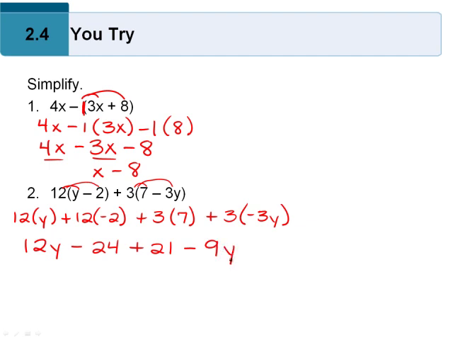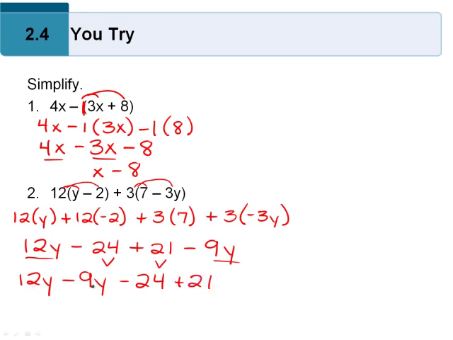Okay? So now we've got some like terms here. We've got the 12y and the negative 9y and the two constants, negative 24 and 21. So if we rearrange them, 12y minus 9y, make sure you bring that sign, negative 24 plus 21.